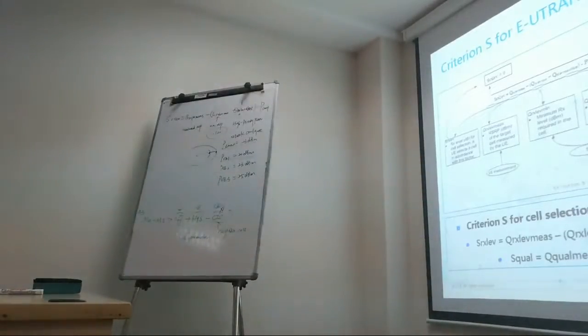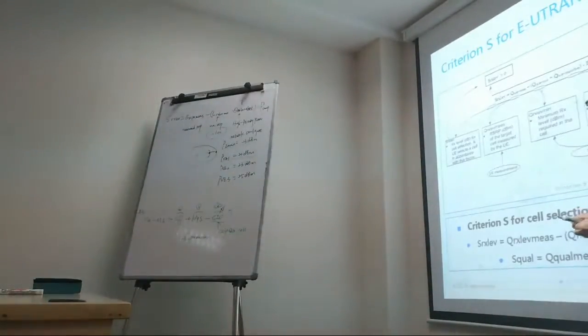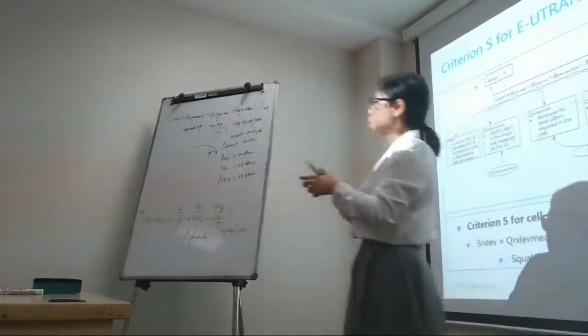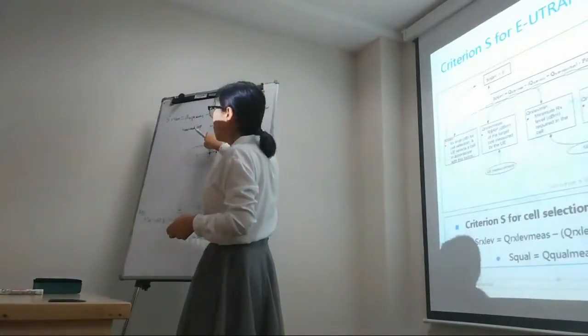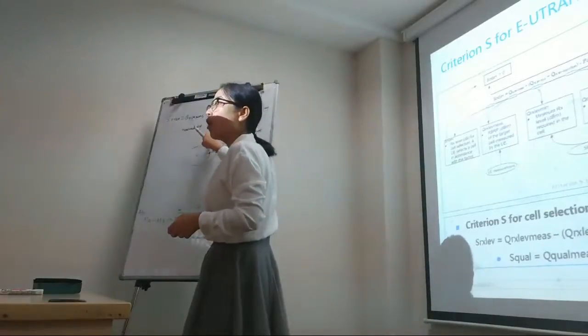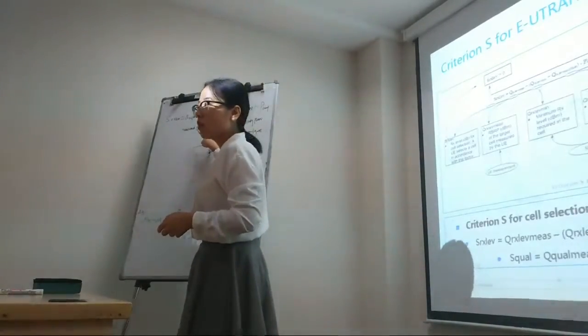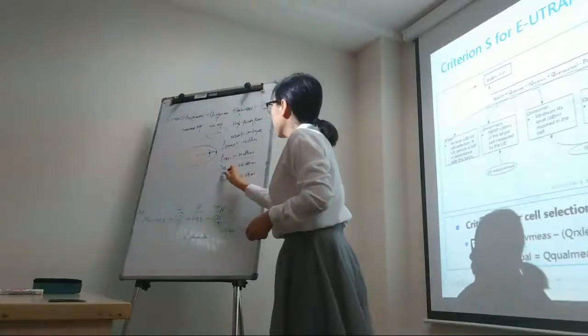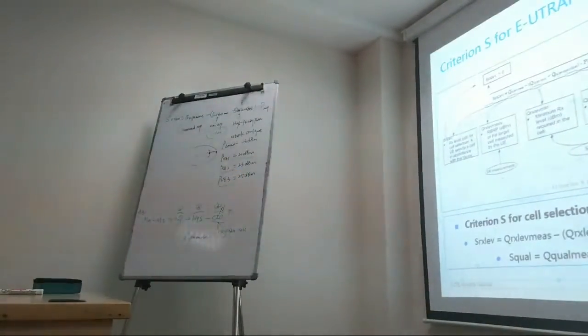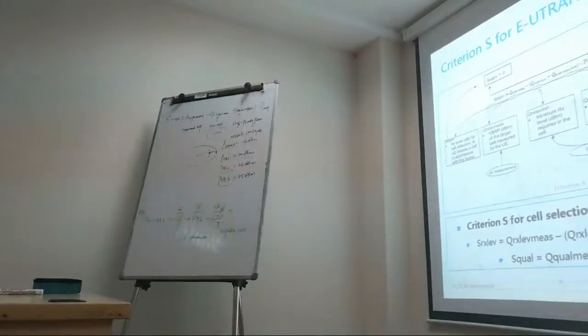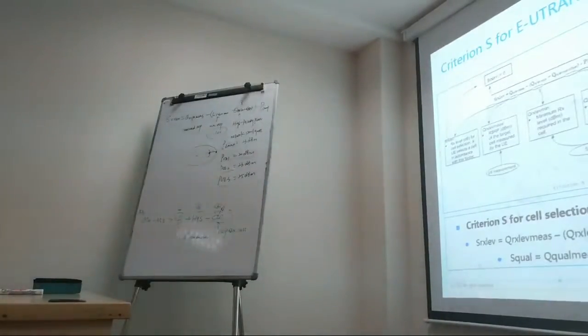So we will give it a 3 dB compensation. So now the threshold is not minus 120, actually. It's minus 117.